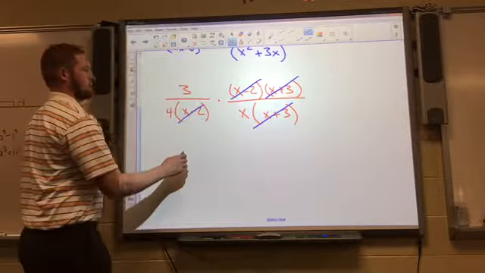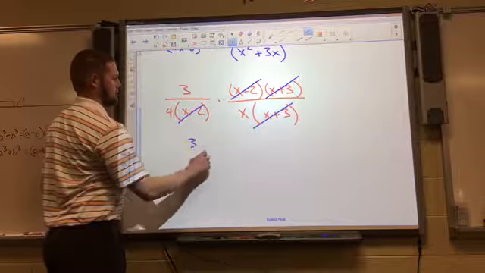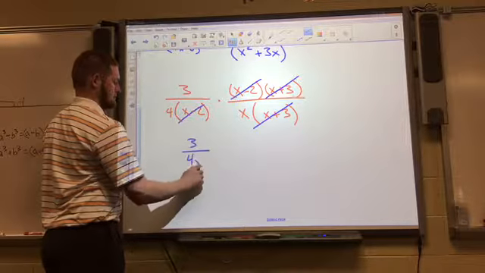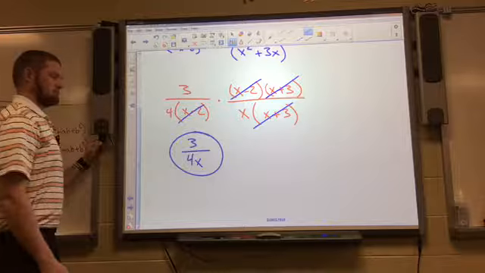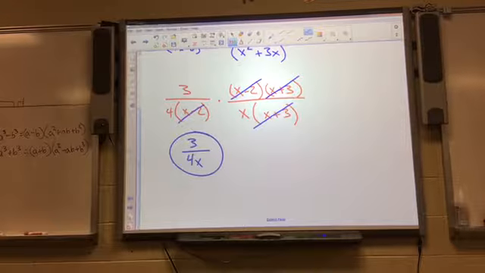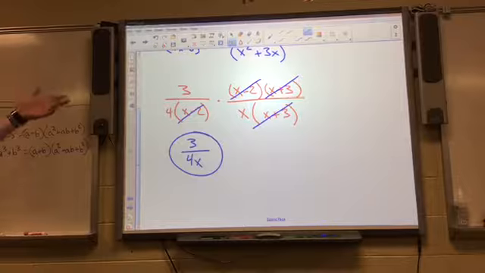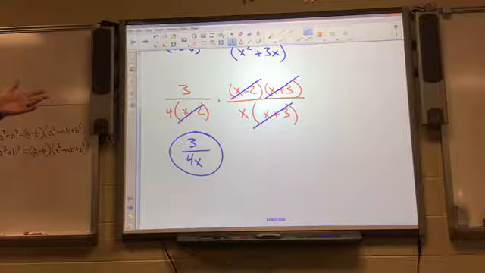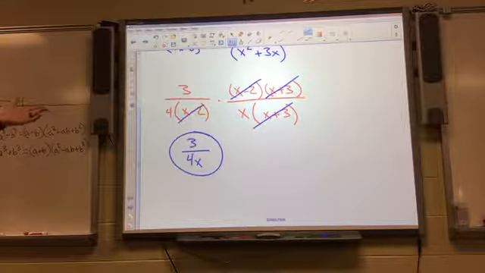I just have what on top? 3 over 4x. So is dividing actually any harder? No. It's the exact same thing, right? You can probably flip it before you ever even write the problem down. You see division, just flip it and change it to multiplication, and then you don't even have to worry about your division sign.